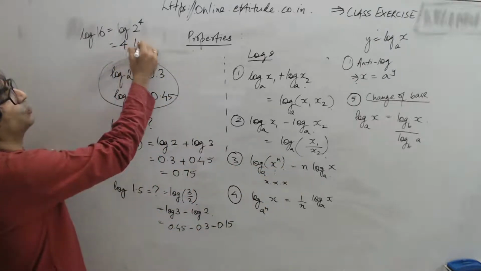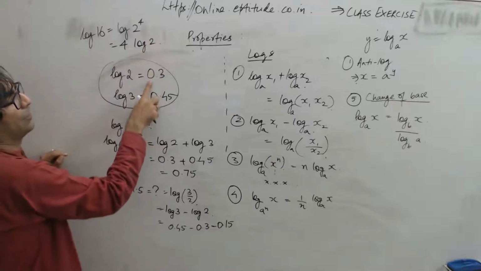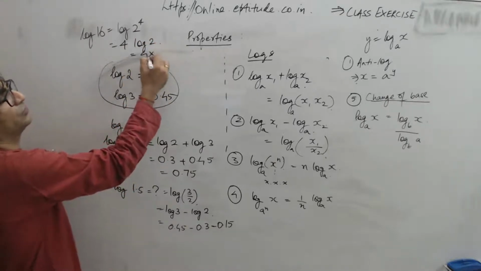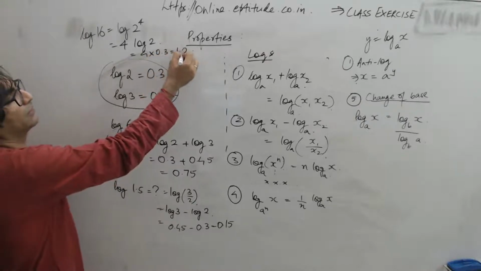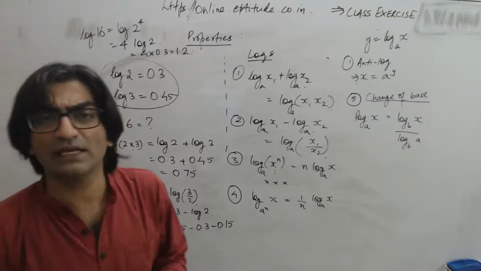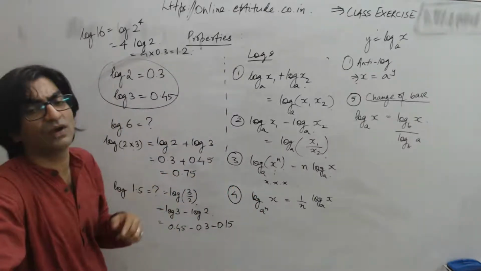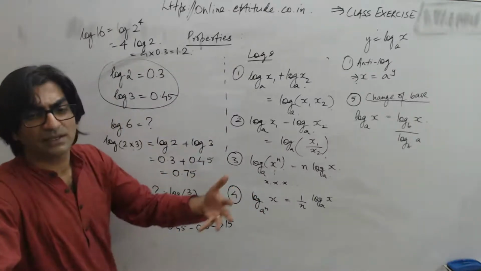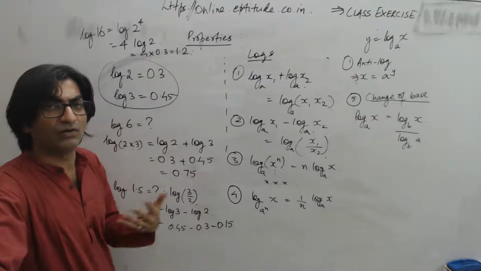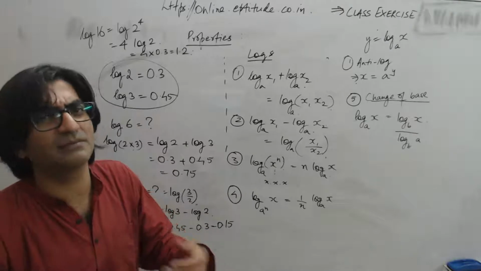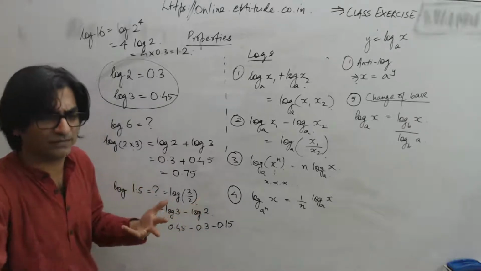So I'll write this as 4 log 2, and log 2 is already known as 0.3, so this becomes 4 into 0.3, that's 1.2. So that's a very quick illustration of how I can use the various properties of logarithms. They can help me evaluate a variety of simple problems that involve logarithms.